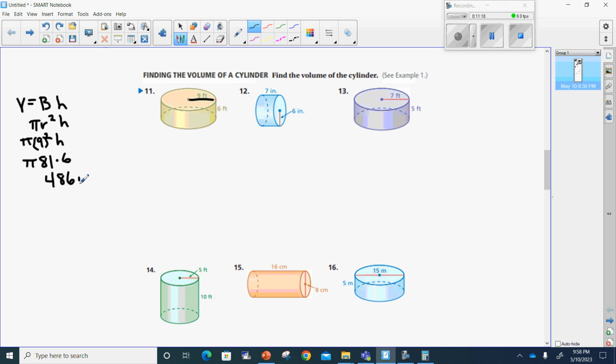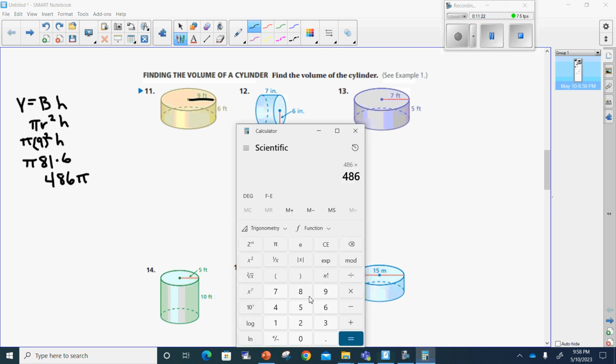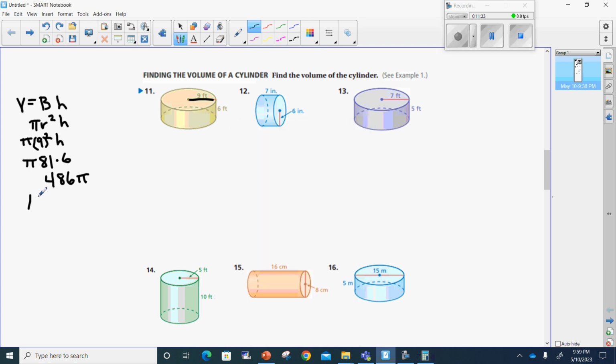Now we have to take 486 and multiply it to pi. And that's going to give us 1,526.04.